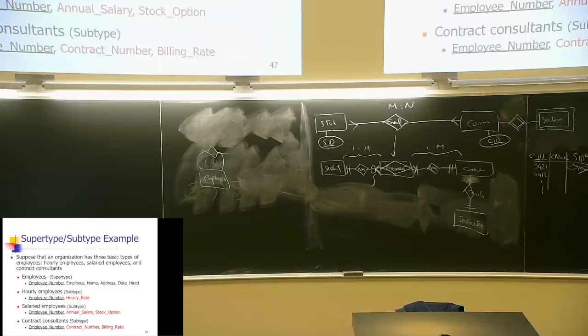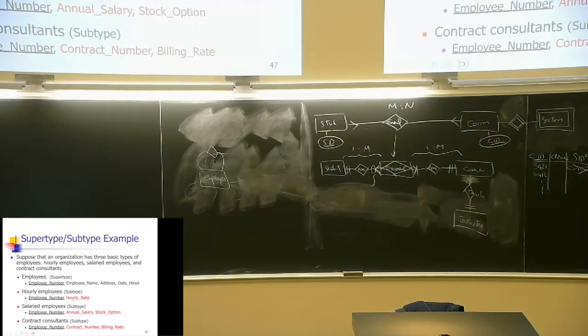If you consider employee as a supertype, it is the bigger entity that has different types, right? For example, an employee can be part-time, full-time, and so on. Now, what are some subtypes? For example, hourly employees, salaried employees, contract consultants, and so on. As you see, they all share the attributes of the supertype. They all have employee number, employee name, address, and date hired.